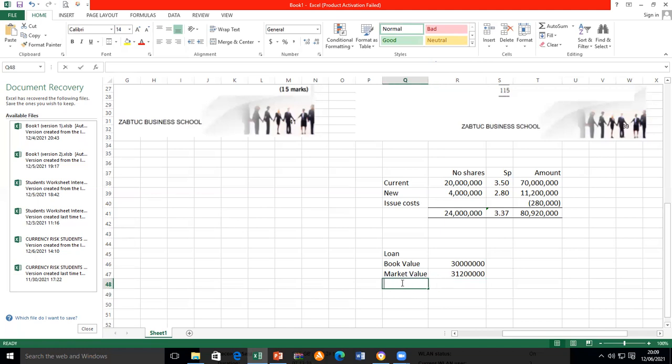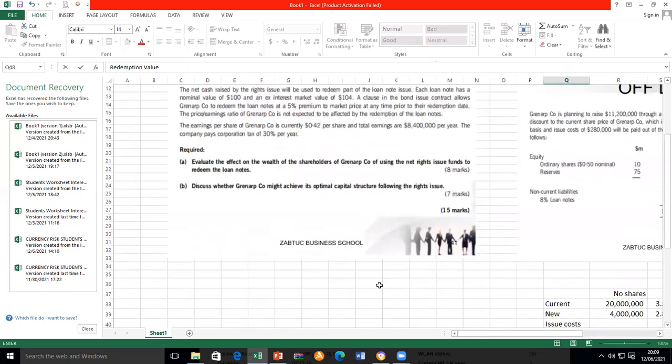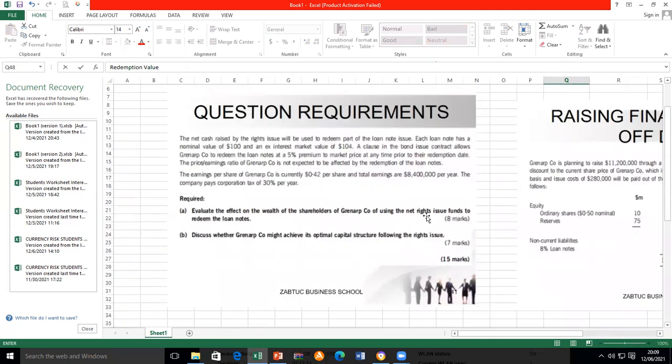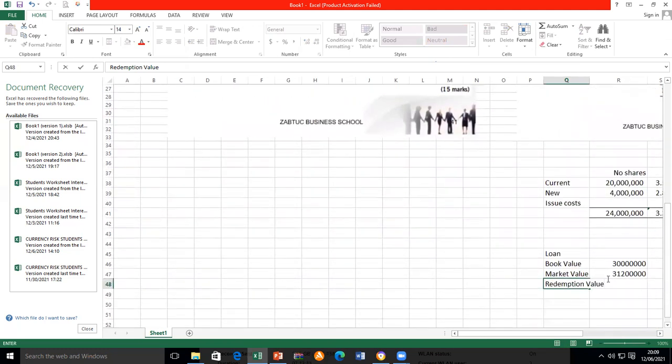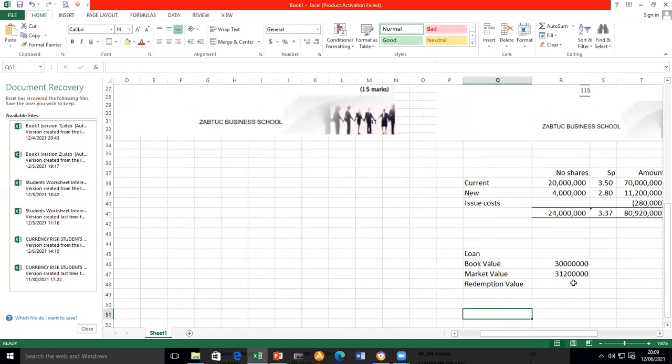However, they say if you're going to redeem, you redeem at what? At a premium. Read this. You redeem at a premium of how much? 5% of the market price. So if you want to pay off this loan, what the bondholders are going to accept will be this figure, give them a 5%.